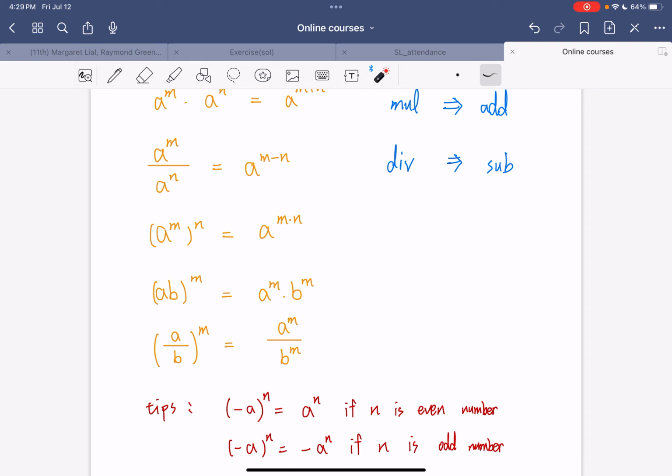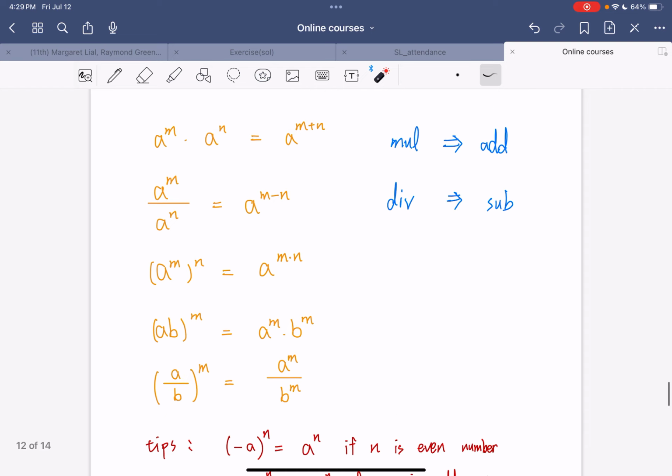Okay, and that's all the properties. Let's go through it really quick. So a with power of m times a with power of n will become a with power of m plus n.